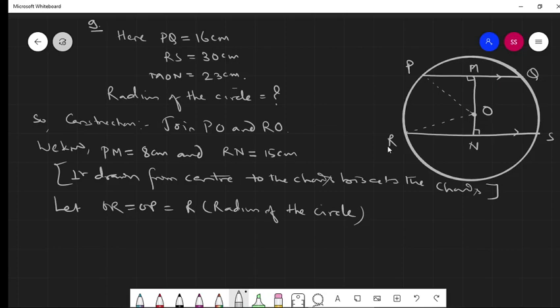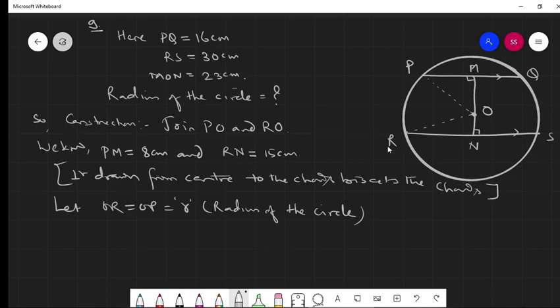The radius of the circle I have supposed to be small r, because capital R is already given. Or anything you can suppose, that is the variable.